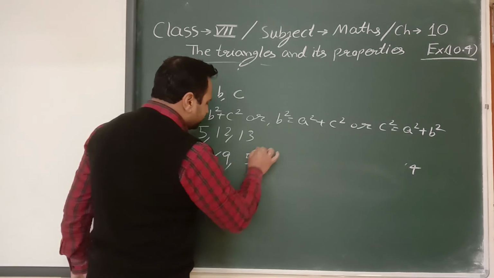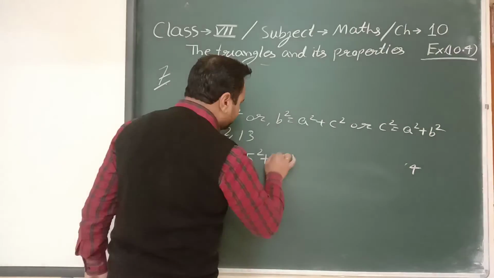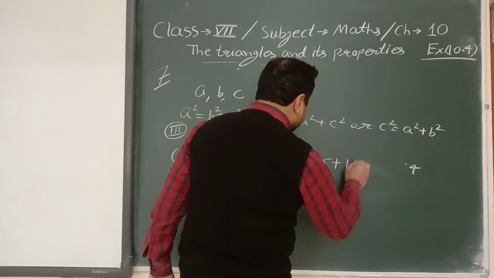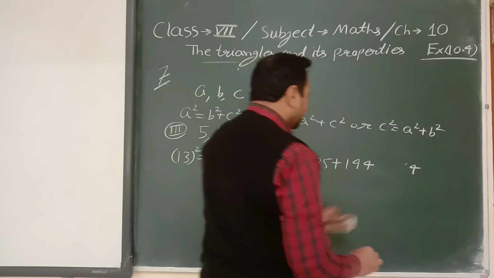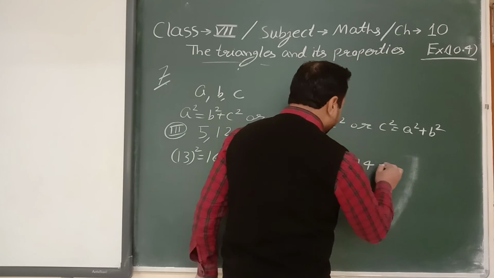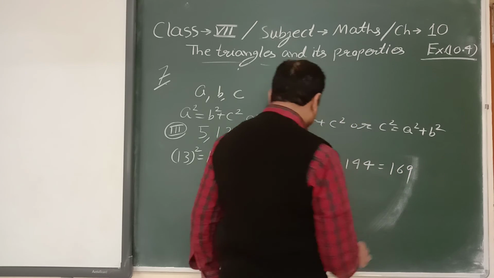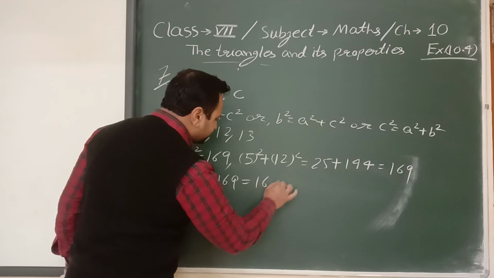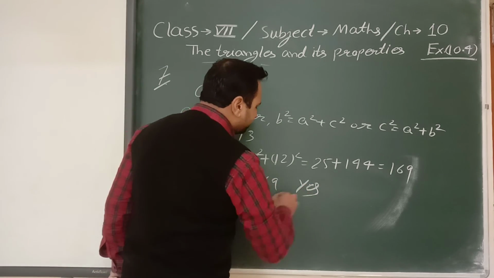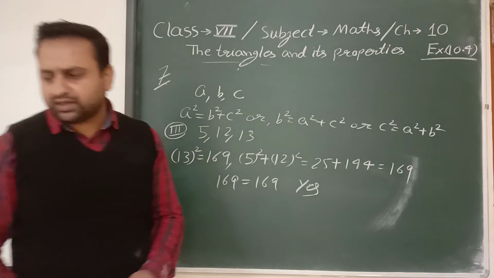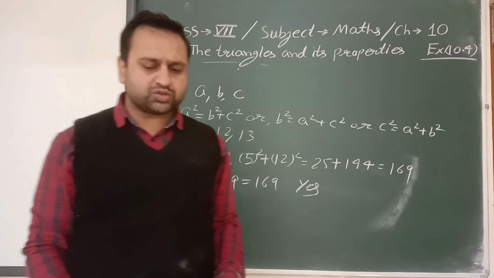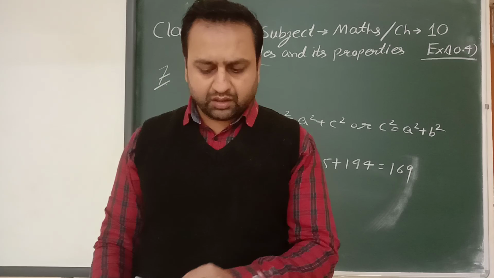Now sum of the square of other 2 sides, it means 25 plus 144. 25 and 144, their sum is 169. So we observe that 169 is equal to 169. So these are Pythagorean triplets. So it is very easy. आपको सबसे बड़ी साइड का स्क्वायर करना है और बाकी 2 साइडों के स्क्वायर का सम करना है.